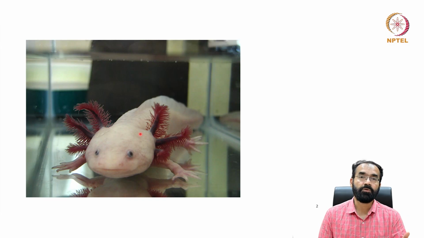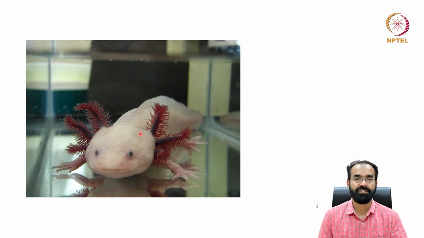And this probably could be one of the main reasons for its remarkable organ regeneration capacity, because in every animal, including other frog species or other salamander species, the larval stage has exceptional regenerative capacity.